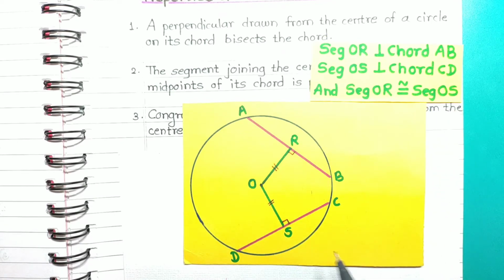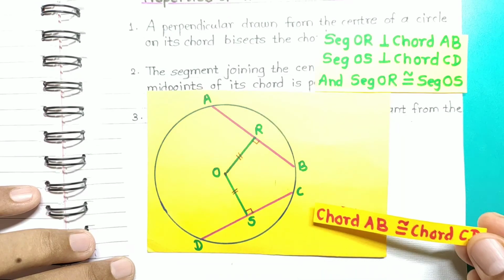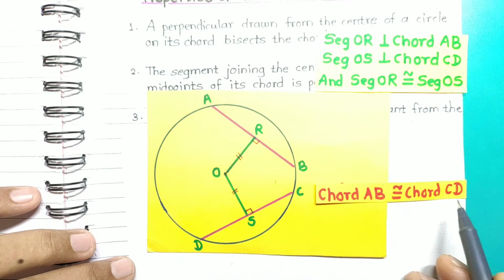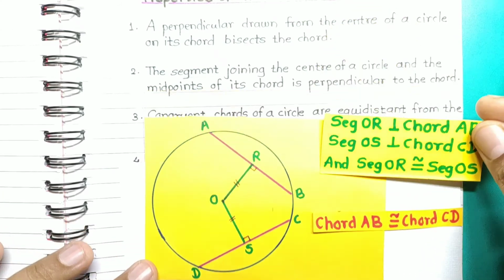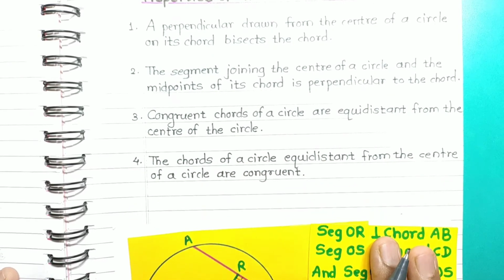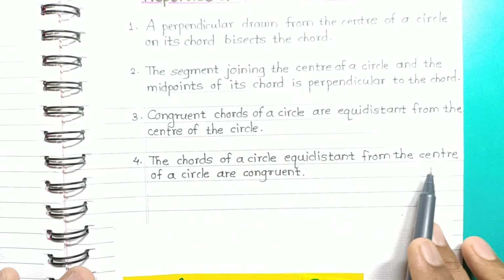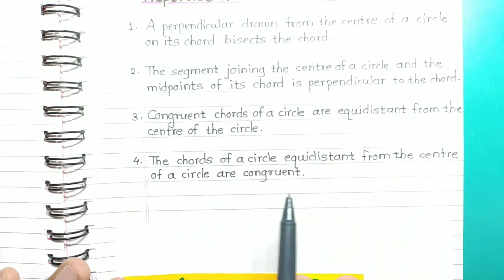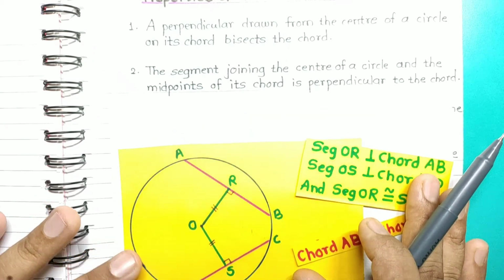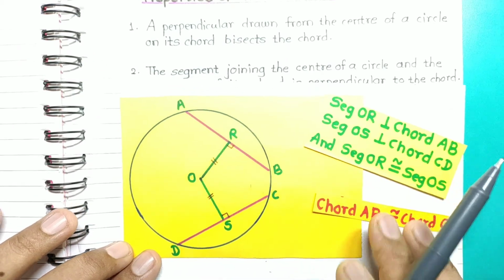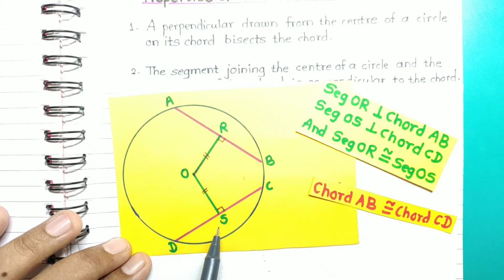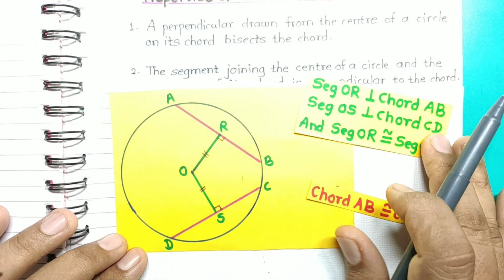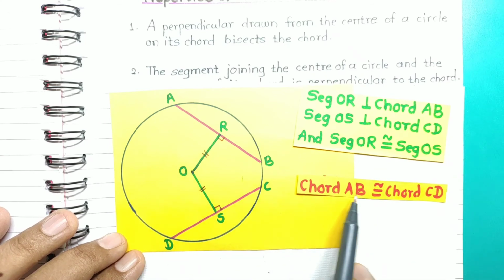So in such a case the conclusion is chord AB congruent to chord CD. See what is the property? We have: chords of a circle equidistant from the center of a circle are congruent. So here the given part is that these two chords are equidistant from the center, and the conclusion part is that then these two chords are congruent.